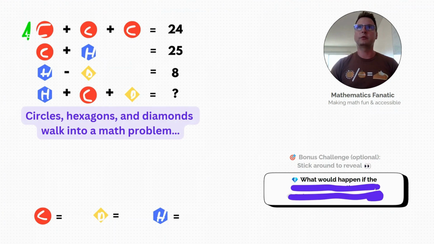So let's label those A, B, C, and D. And D is our mystery. All right, so we have C, D, and H to find, and then also the final total when we add them together, right? So what is A?